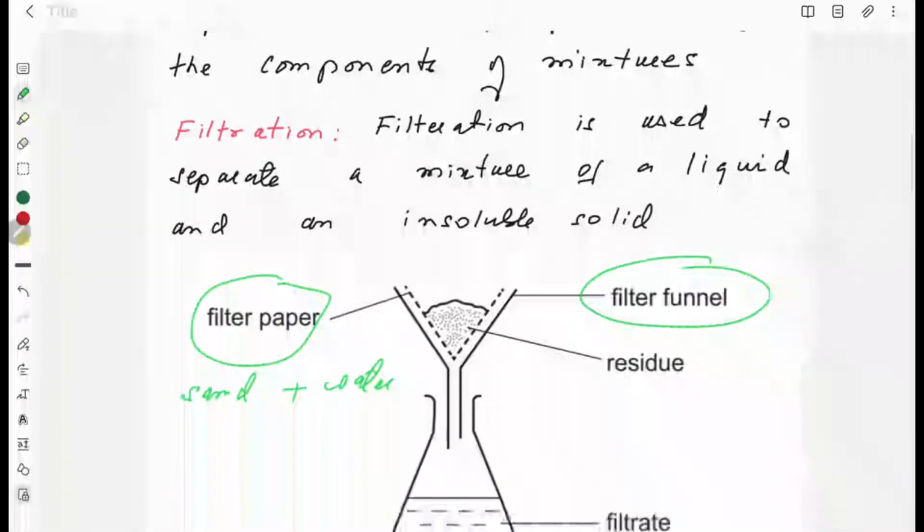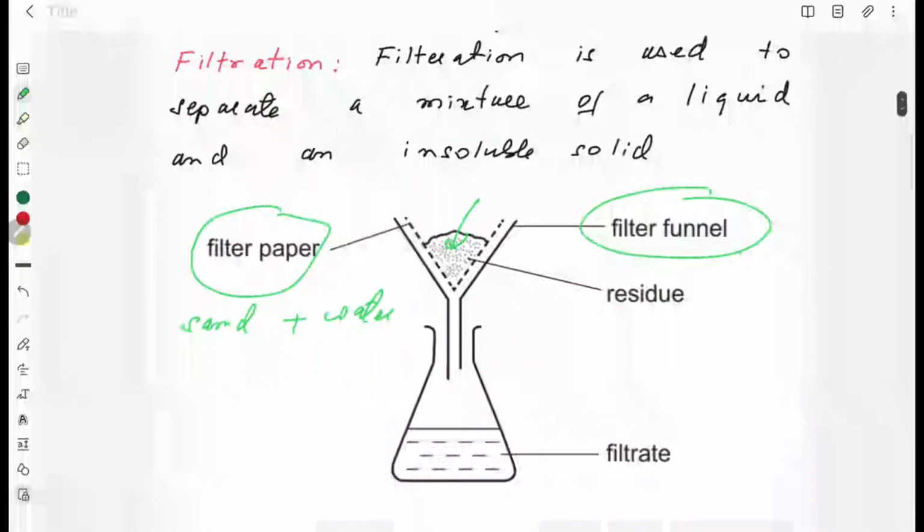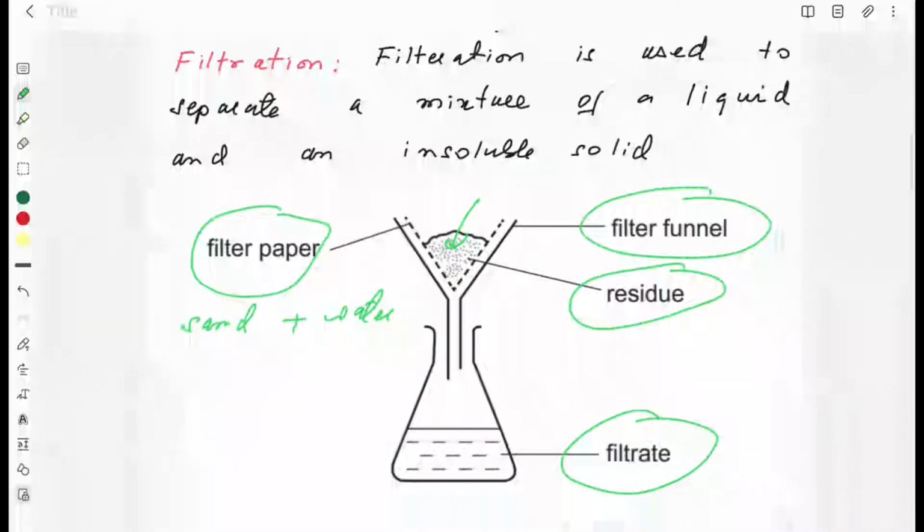Sand is an insoluble solid, water is a liquid. If you put this mixture on the filter paper, then water will pass through the filter paper and can be collected as filtrate, while sand is deposited as residue. So this method of filtration is used to separate an insoluble solid and a liquid.